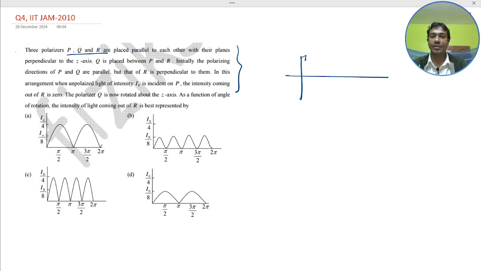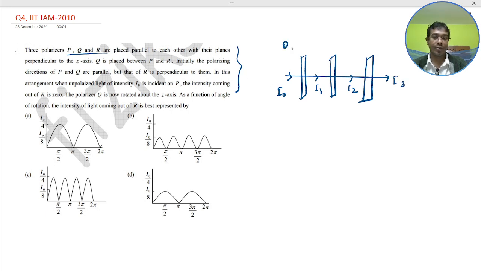Here this is a polarizer, this one another, and this one another. Here the light intensity I naught, here I1, here I2, this is the I3.